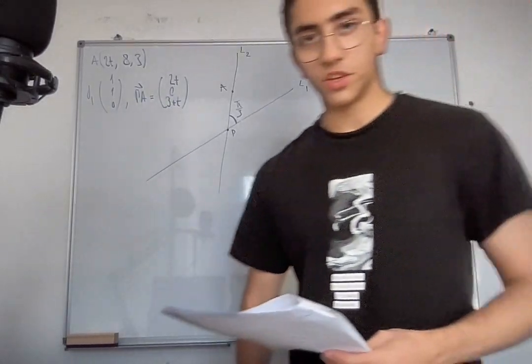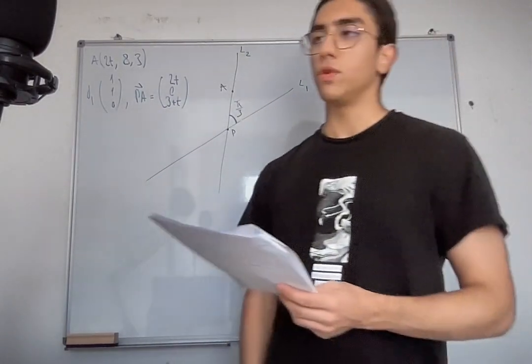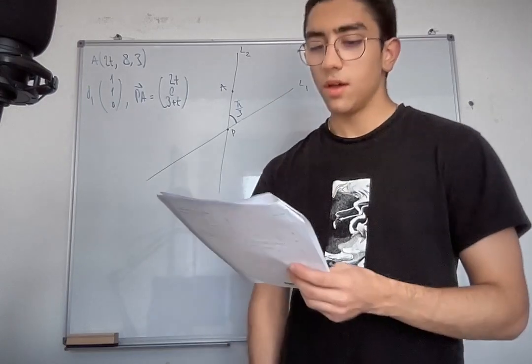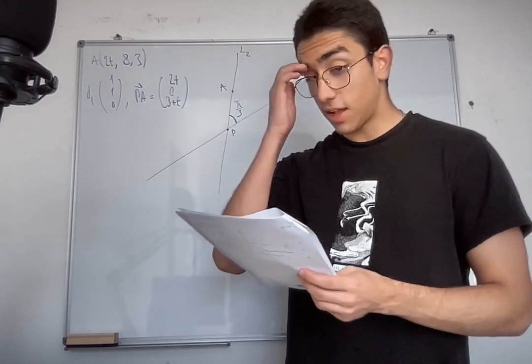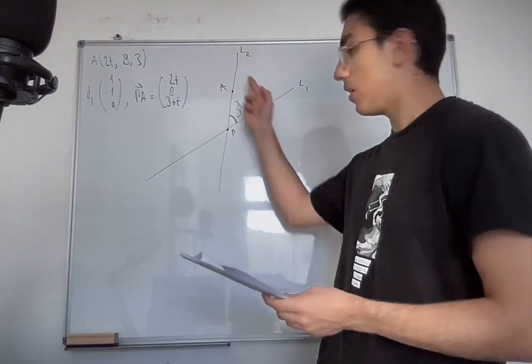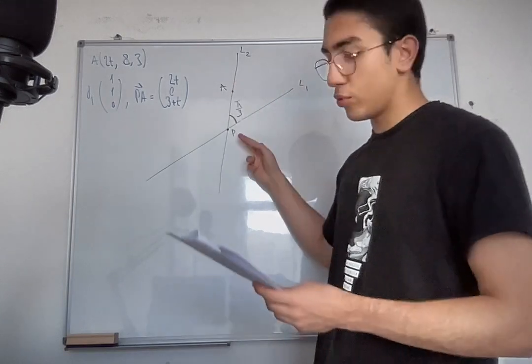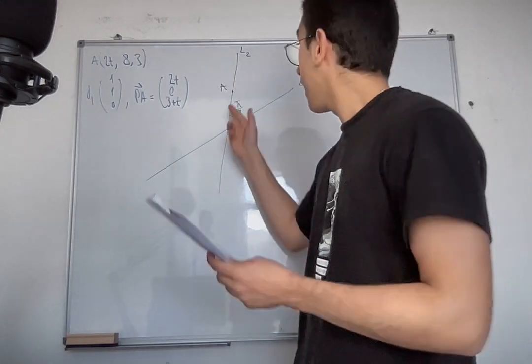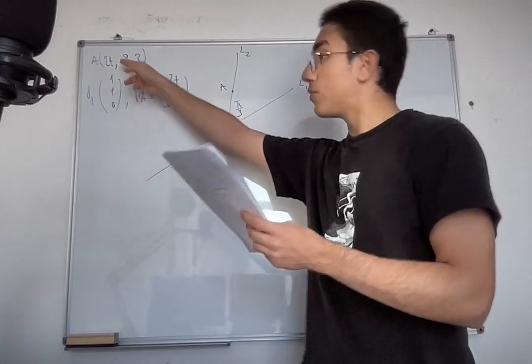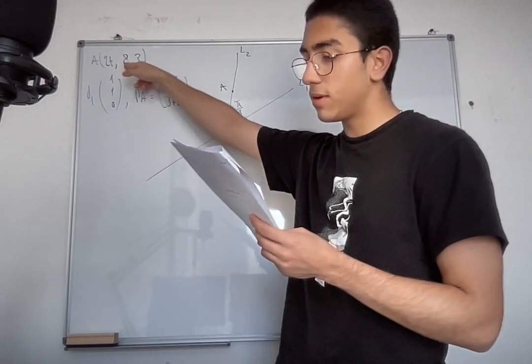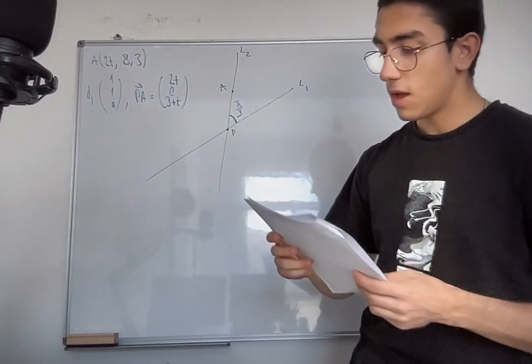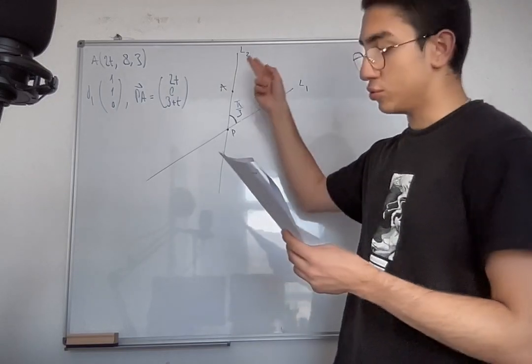Alright, so the last question of paper 1, May 2023, time zone 1, says two lines L1 and L2 intersect at point P. Point A, (2t, 0, 3+t), where t is greater than 0, lies on L2.